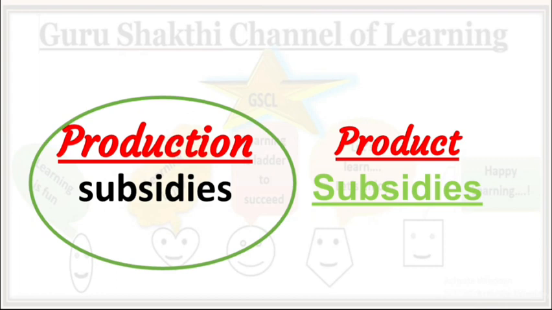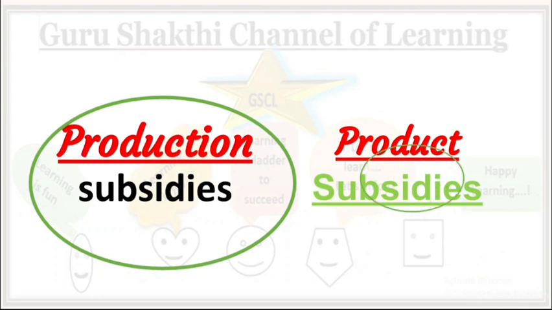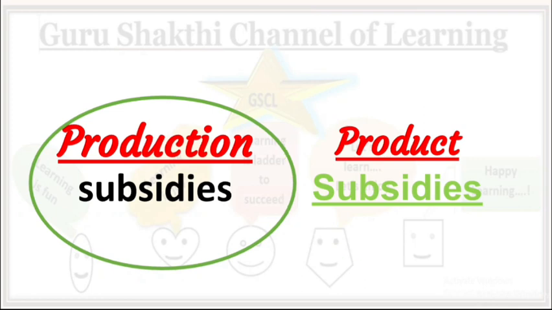Subsidies that are useful to consumers are called product subsidies. Example, availability of wheat and rice in the market at subsidized prices.